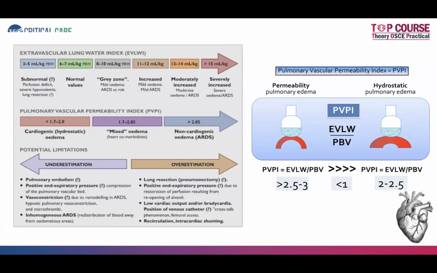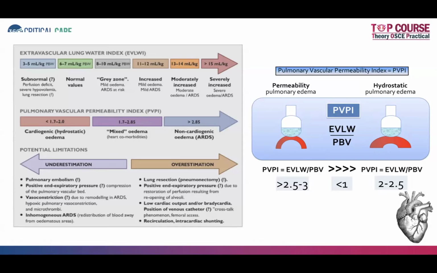What is the pulmonary vascular permeability index? This is an indirect indicator of how the vessels in the lungs are. For example, in ARDS, the basic pathophysiology is that there will be leaking capillaries in the pulmonary vessels. So if this index is high, we believe that it is mostly ARDS, like a non-cardiogenic pulmonary edema.